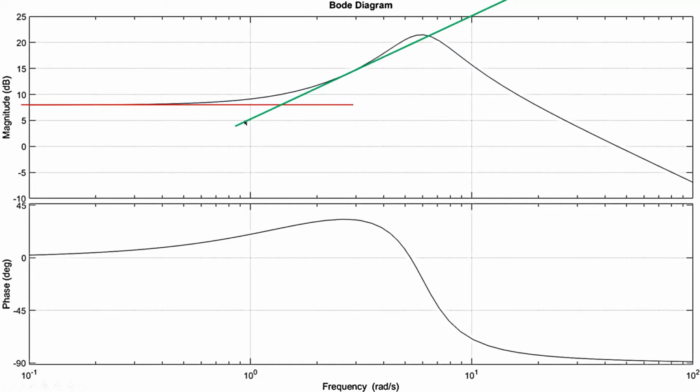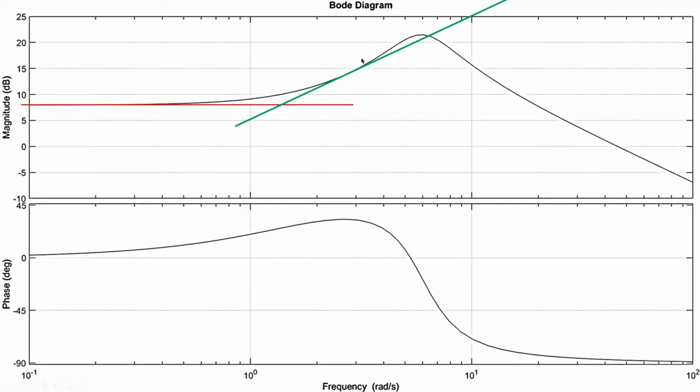As you can see, I start now here with the green line at 5 dB, at the same frequency, 1 radian per second, and I will end here at 25 dB. So there's again the same slope, 5 and 25, an increase of 20 dB, and my frequency has increased by a factor of 10.